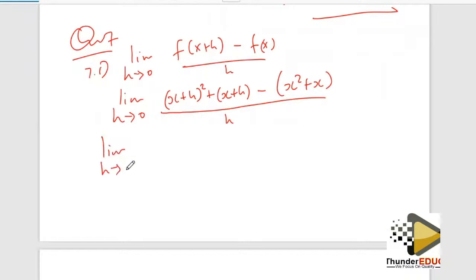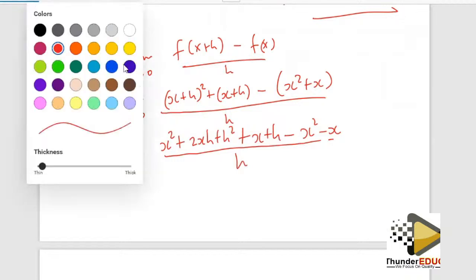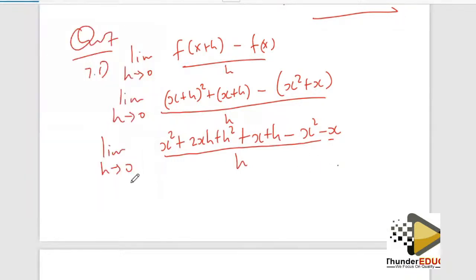Then the limit as h tends to 0, our f of x plus h, remember we said it's (x plus h) squared plus (x plus h), and we are subtracting our f of x, which was x squared plus x, and dividing this by h. I'll open this up: that's going to be x squared plus 2xh plus h squared plus x plus h minus x squared minus x, over h. Then we can cancel out what is common: this x squared and that x squared go, this x and that x will go.